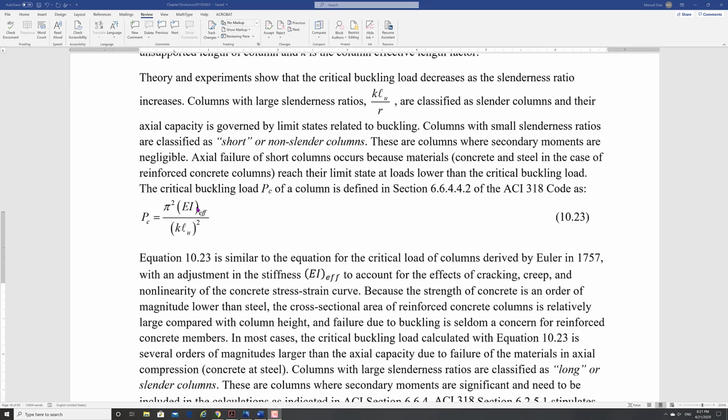So all that has to be captured by this EI value. And so that makes it difficult.